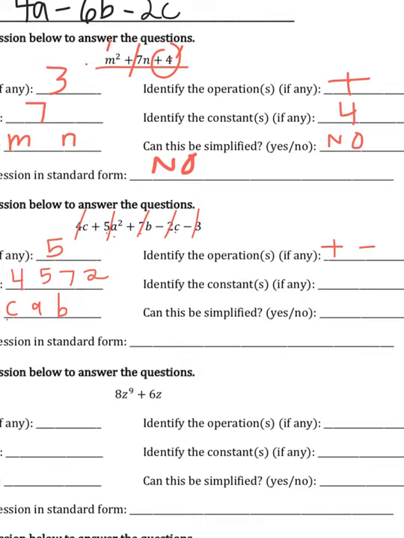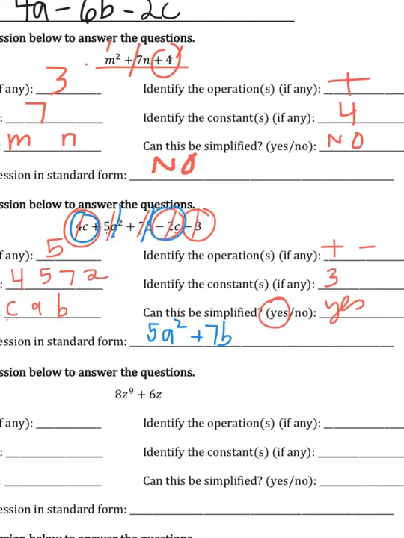I need to erase some of this, but it won't work. Okay, I see 3. Can it be simplified? Yes. How do you know? The C and the C can be combined. So to write the simplified standard form, I start with a squared, 5a squared, done with that, 7b, done with that, 4 minus 2 is a positive 2c, and that constant is by itself.